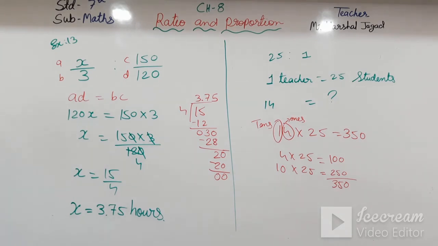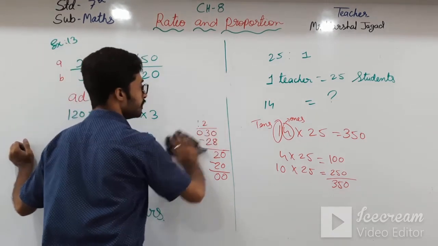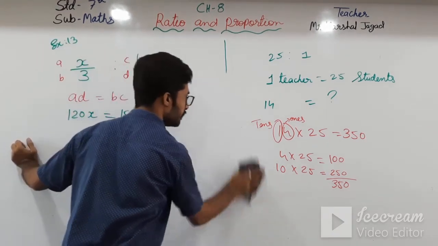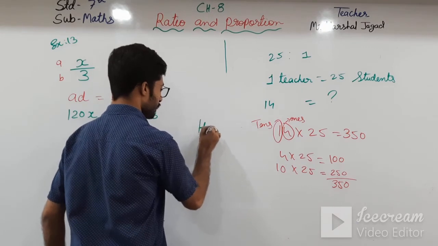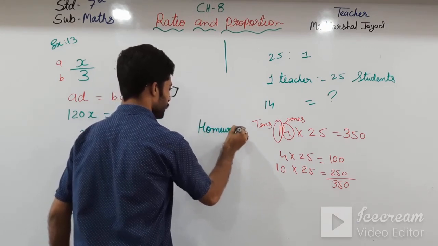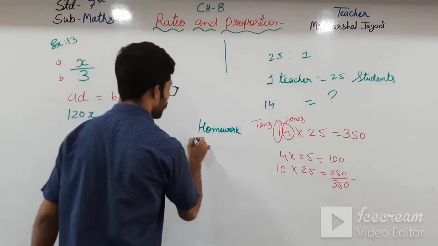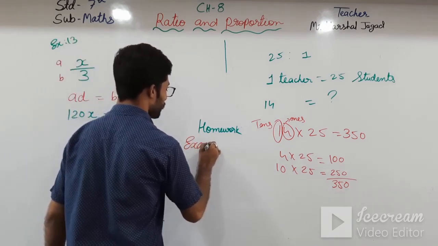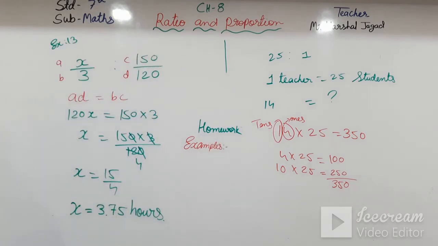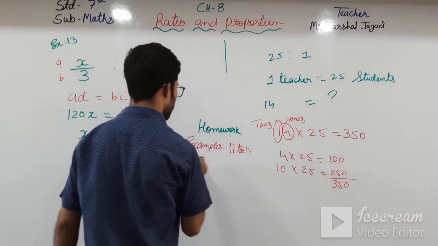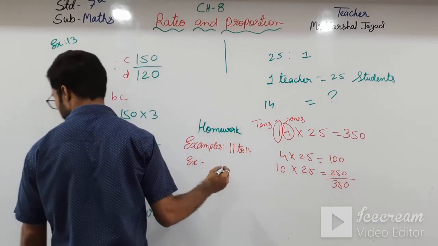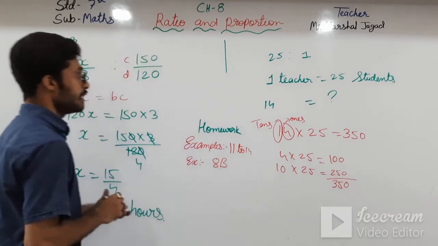So students, now please write down your homework. Your today's homework is examples 11, 12, 13, 14, that is 11 to 14, and exercise 8b.